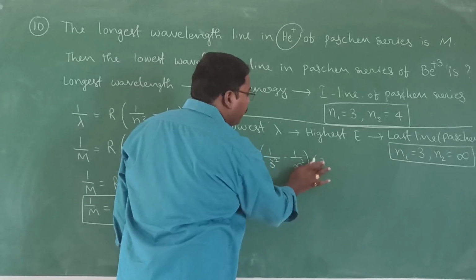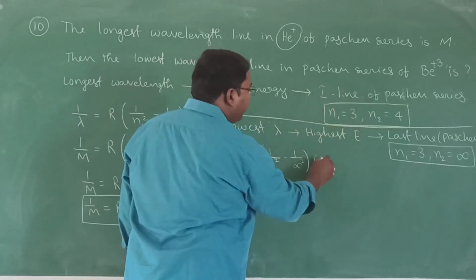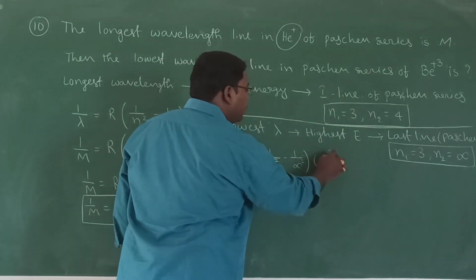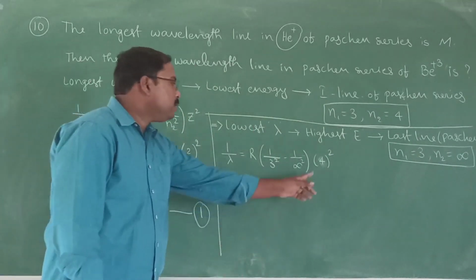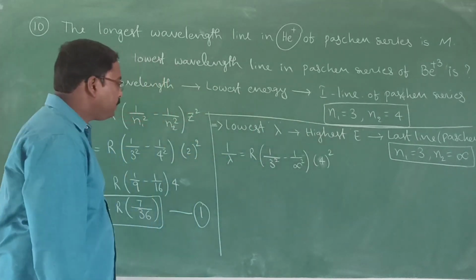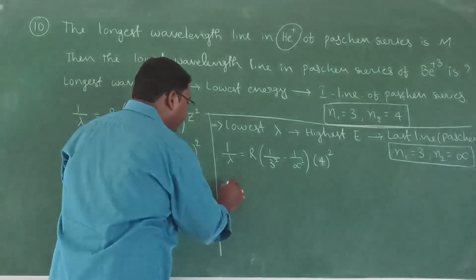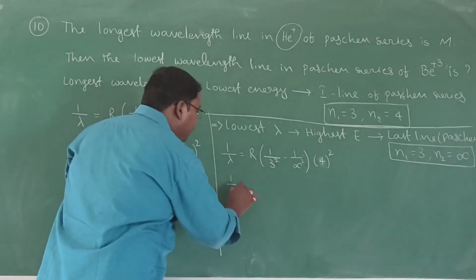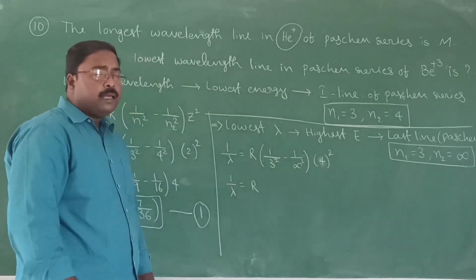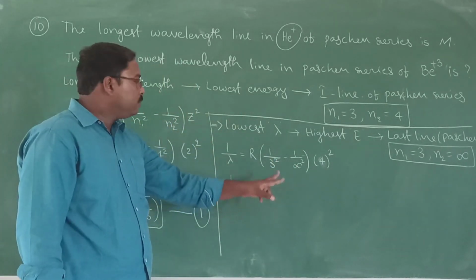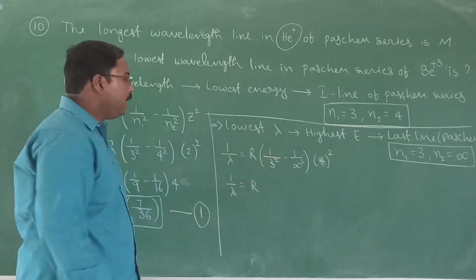I think beryllium is given in the second data. Atomic number of beryllium is 4, so I will take 4 square. How much will it be? 1 by lambda is equal to R into, we know 1 by infinity is 0, so 1 by 9 into 16.